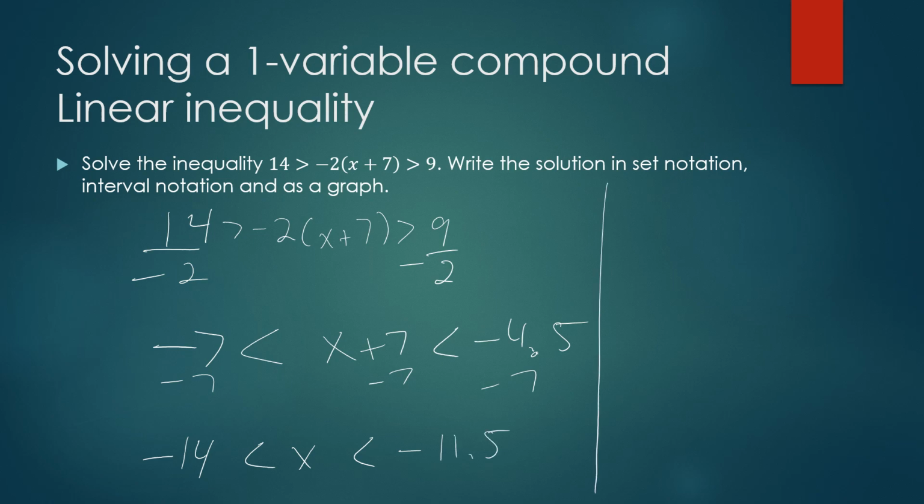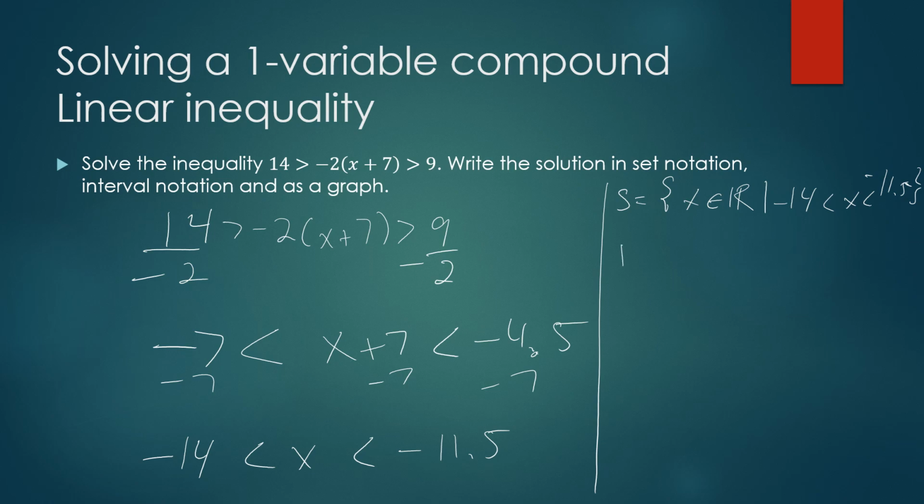Now we want to write the 3 different types of notation. Set notation: S is equal to the set of x, an element of the real numbers, such that negative 14 is less than x, which is less than negative 11.5.